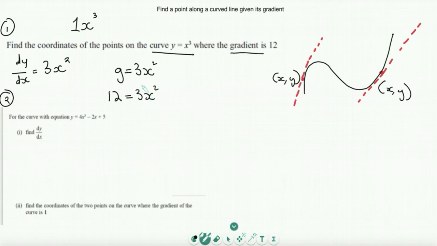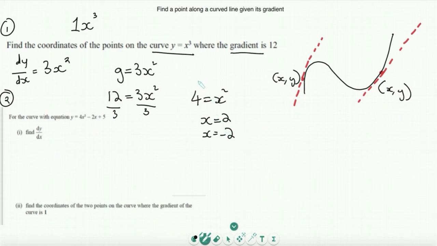Since x is being squared, then multiplied by 3, we're going to divide both sides by 3 first. 12 divided by 3 is 4, so 4 equals x squared. So what squared makes 4? Pretty easy. X must be 2, because 2 squared makes 4. But also, negative 2 squared makes 4. Negative 2 times negative 2 makes 4.